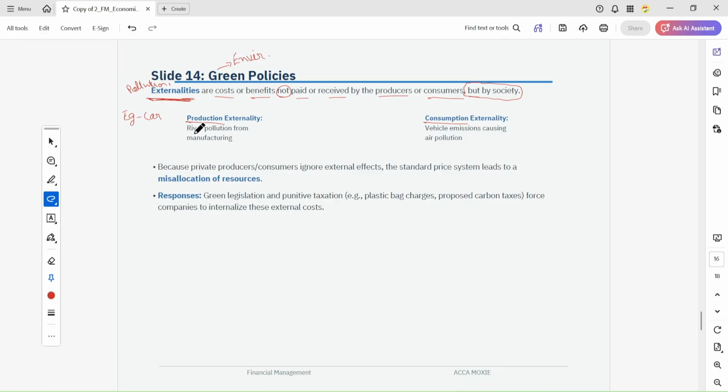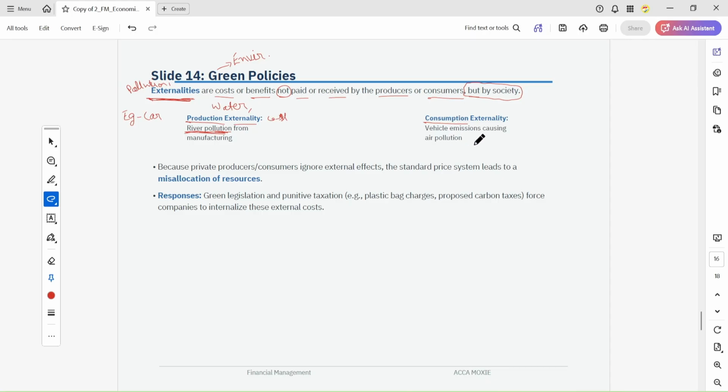The water becomes very dirty after you wash the parts of the car, and that polluted water usually mixes with the river water, so the river water also becomes polluted. So this is the production externality, or I can say the production external cost.